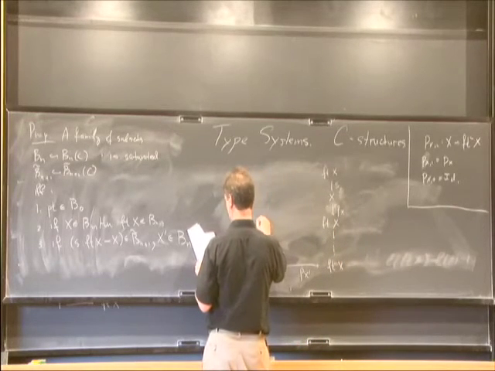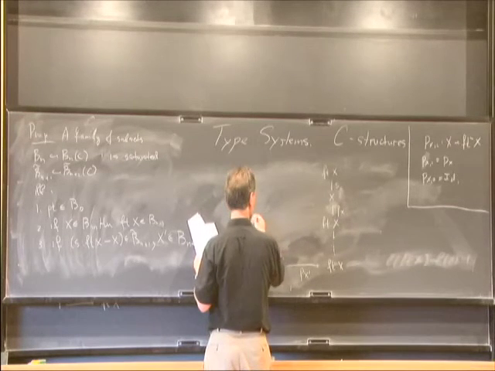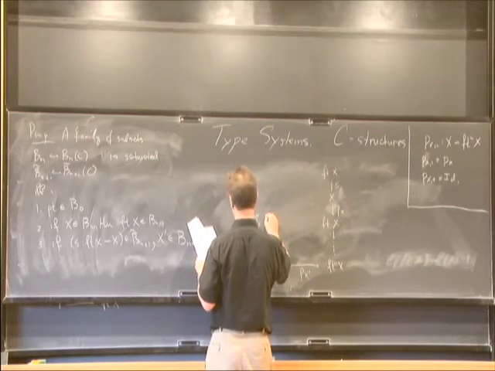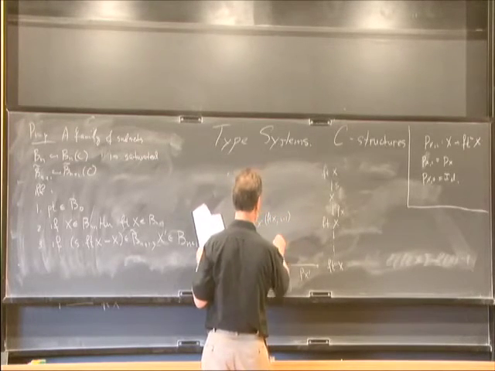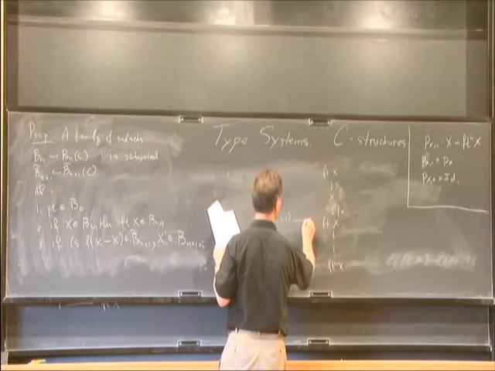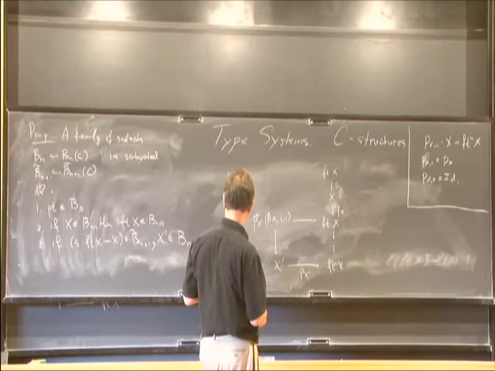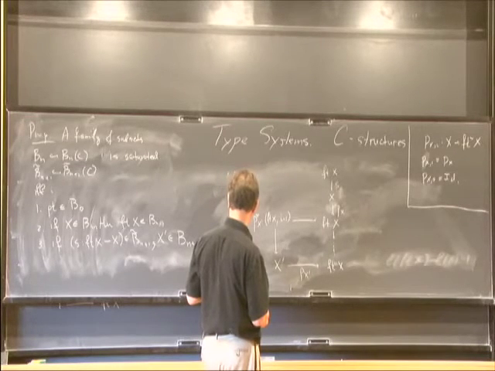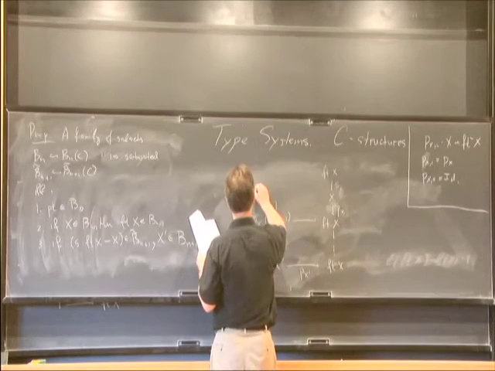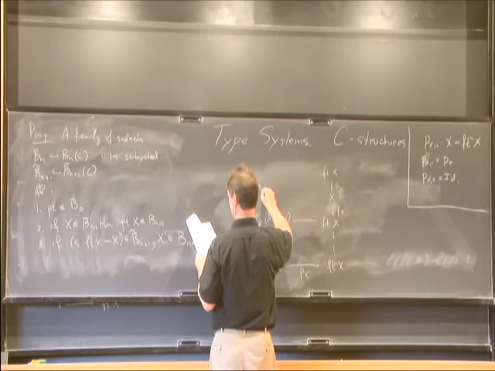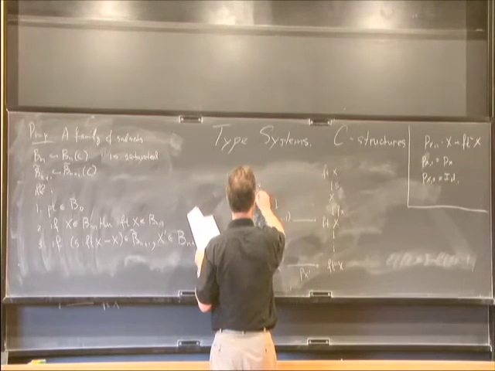And here there is a p star x prime, ft x i minus 1, and p star of x.